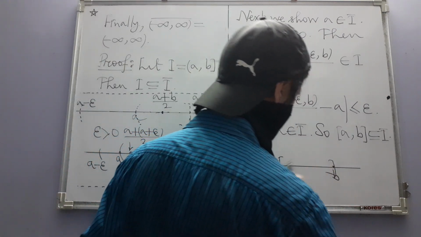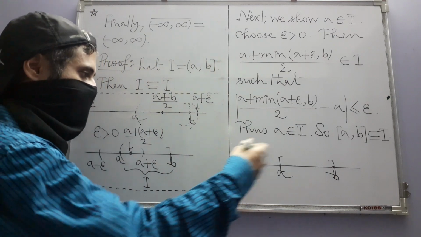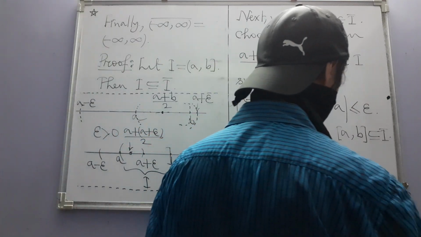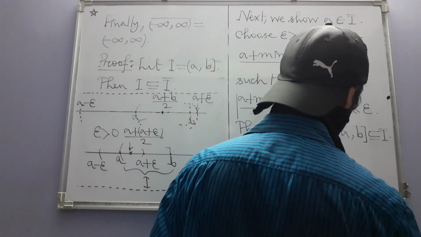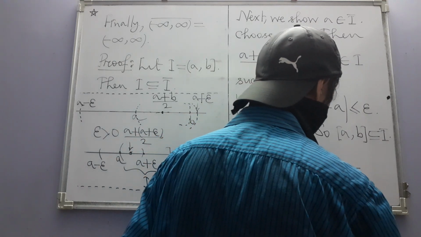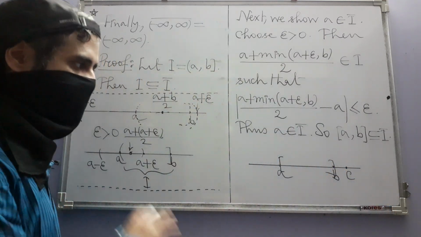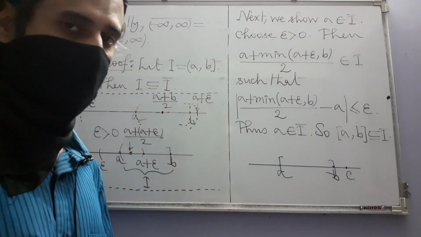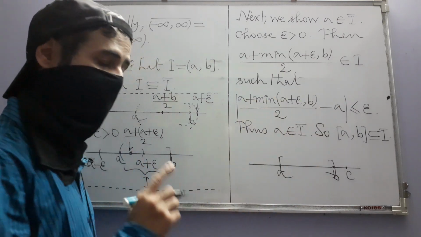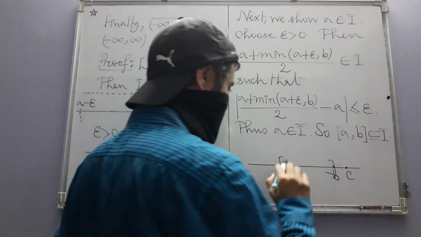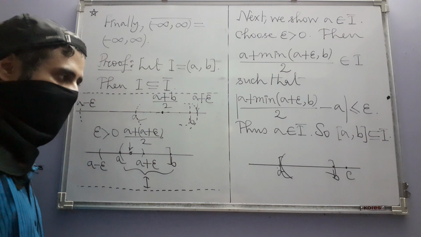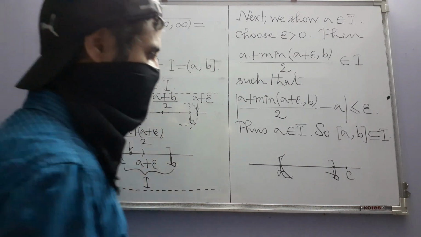Points outside of this closed interval can either lie to the left of the interval or to the right. Let us consider a point here to the right. Say we call it C. Our aim now is to show that C is not an adherent point of I. By the way, keep in mind, our I is the open closed interval, not the closed interval itself.